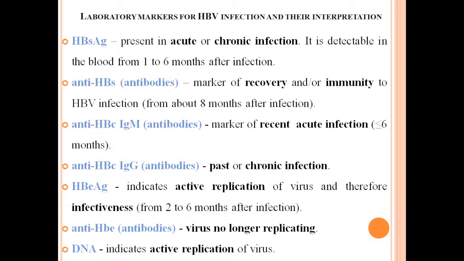HBe antigen indicates active replication of the virus and therefore infectiveness. It is detected from 2 up to 6 months after infection. So, for example, detection of IgM anti-HBc and HBe antigen indicates acute, recent infection.